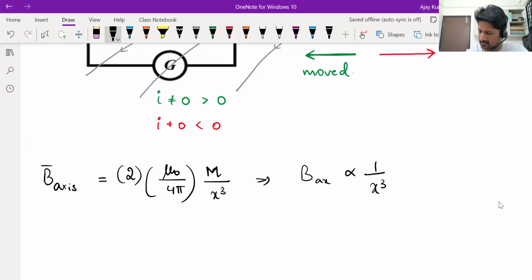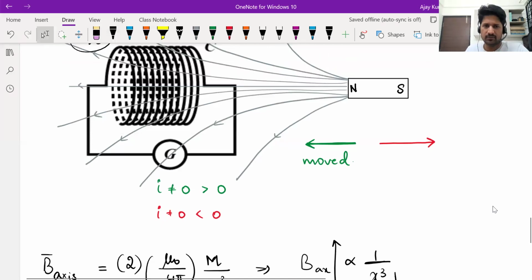As the distance decreases, meaning when the magnet is brought closer to the coil or the coil is brought closer to the magnet, the field strength increases. And if field strength is increasing, we are not disturbing the area of the coil. The coil is kept as it is. We are not changing the alignment either. Keeping the axis the same, we are simply bringing the coil close to the magnet and taking it away.